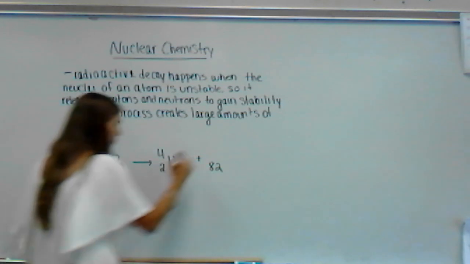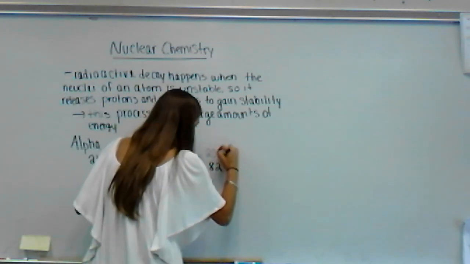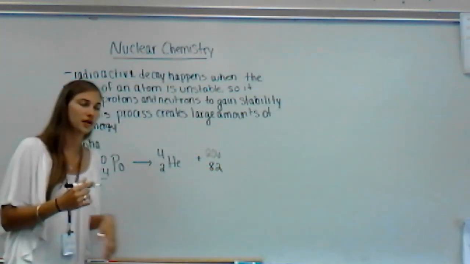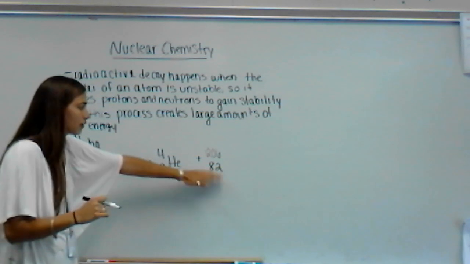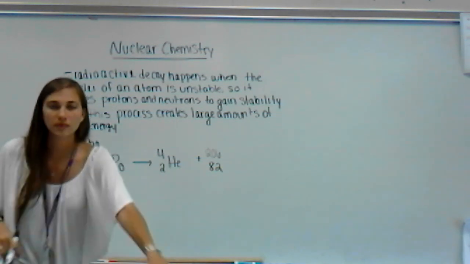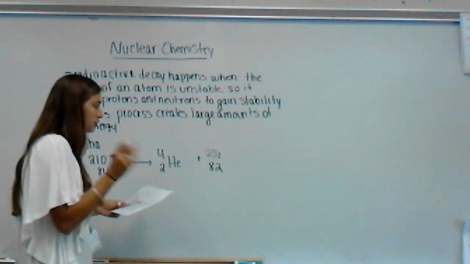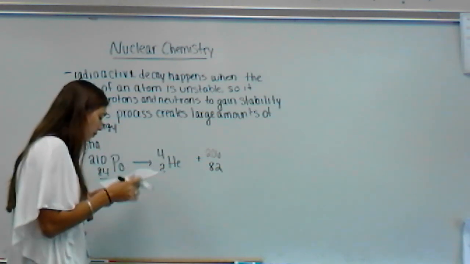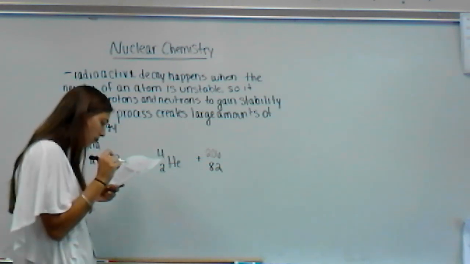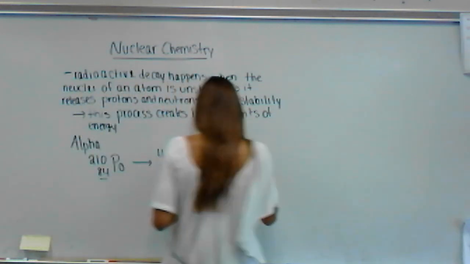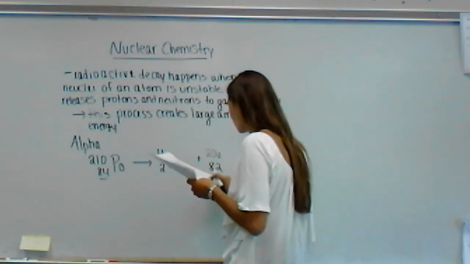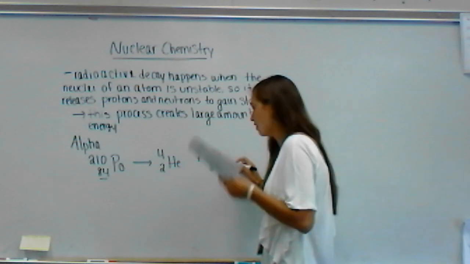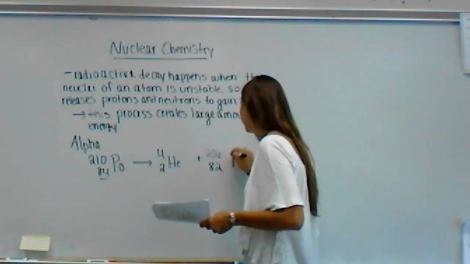That's going to come out to 206. So that's going to be the mass number of our new nuclei. And like I said before, you're going to look up 82 on your periodic table, and you're going to figure out which element or which nucleus that belongs to. So I'm going to find 84. Oh, sorry, I'm going to find 82, and that is going to be lead.